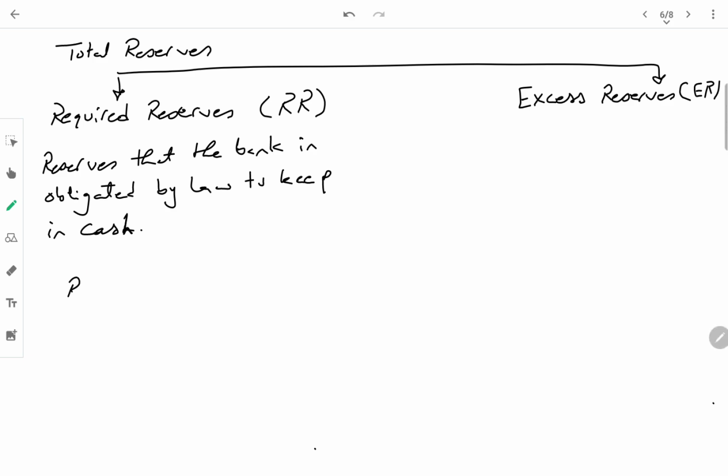So required reserves can be calculated as required reserve ratio multiplied by total deposits. The required reserve ratio is announced by the central bank.